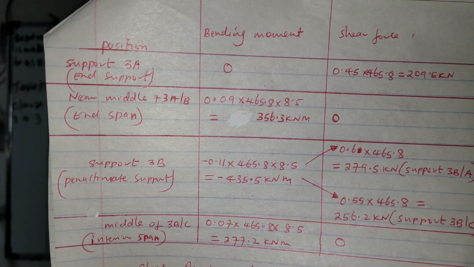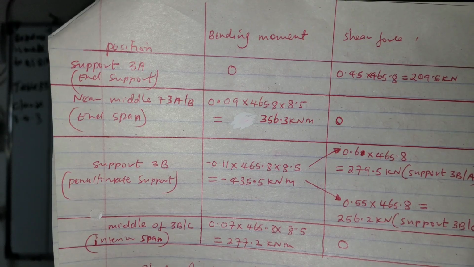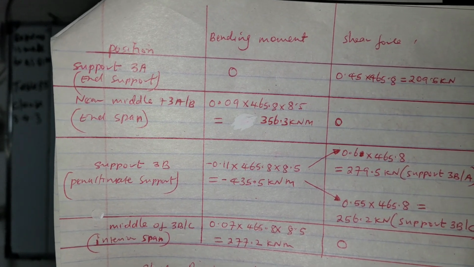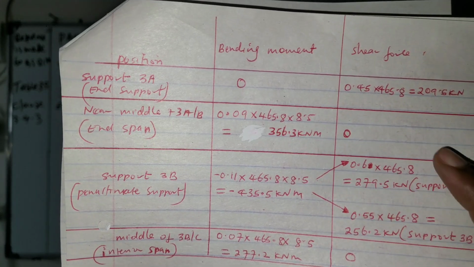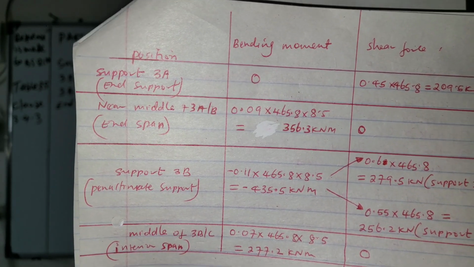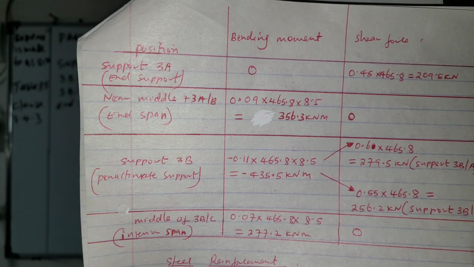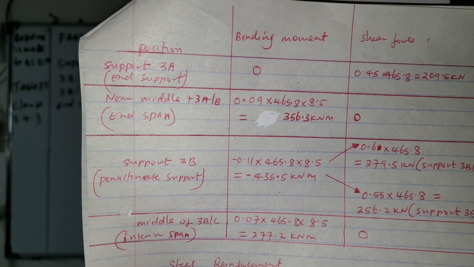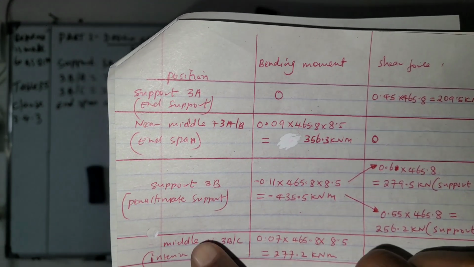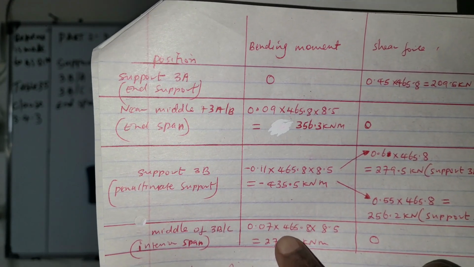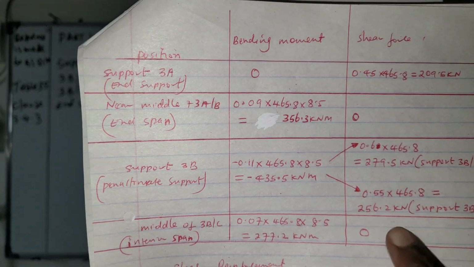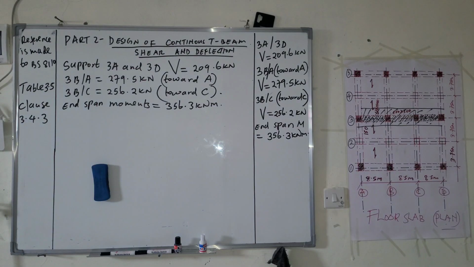So near middle of 3AB, that is the end span, this is the bending moment, and this is the shear force. The table continues up to middle of 3BC. So this is the bending moment, and this is the shear force. This information is from that table.